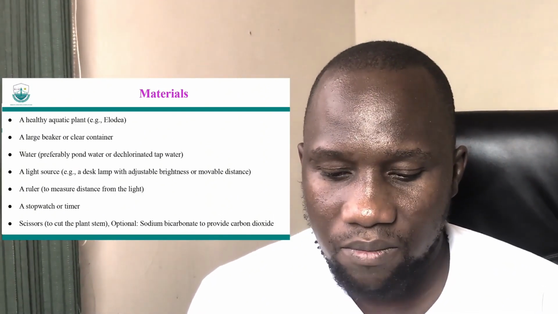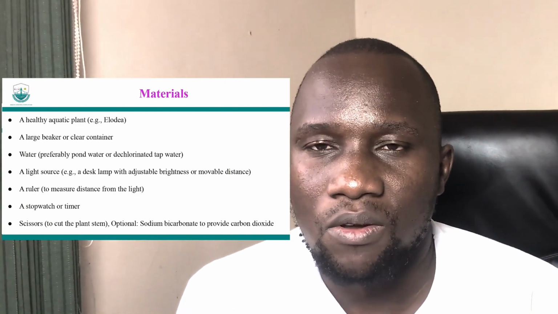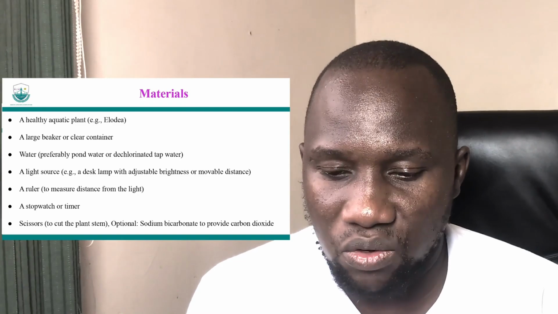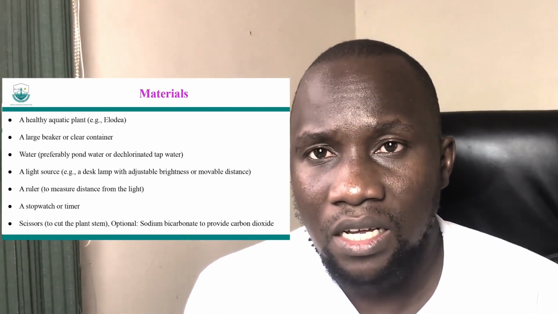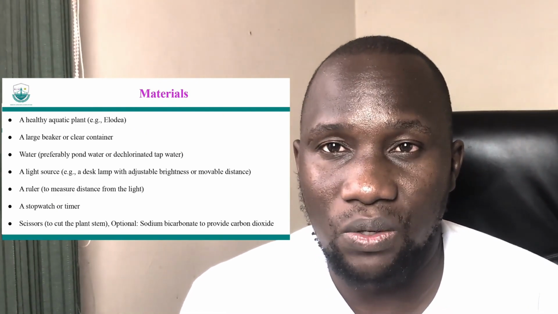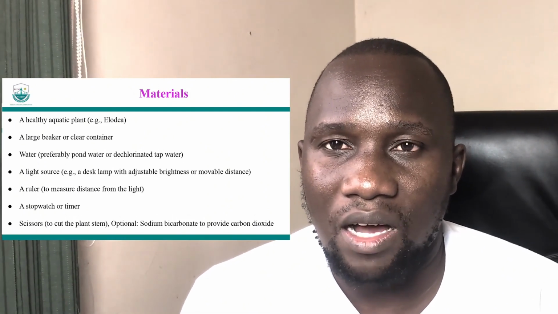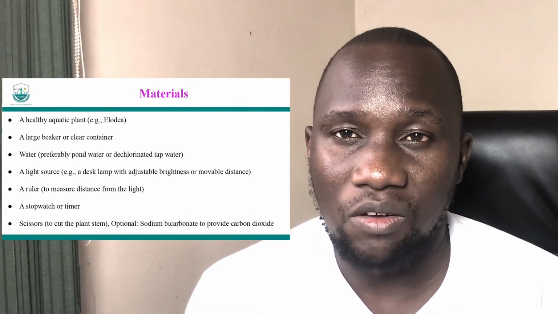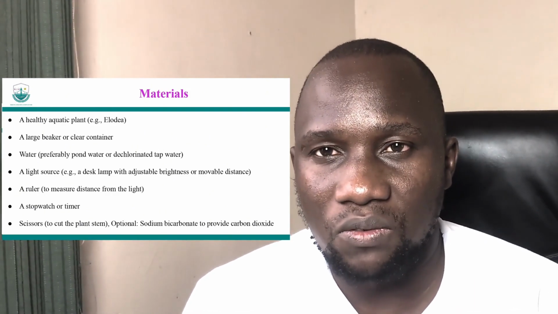You need a scissor to cut off the part of the aquatic plant that you need. And then you also might need sodium bicarbonate. This one will provide you with the carbon dioxide such that carbon dioxide is not the limiting factor in this experiment. Remember, carbon dioxide is required for the process of photosynthesis.